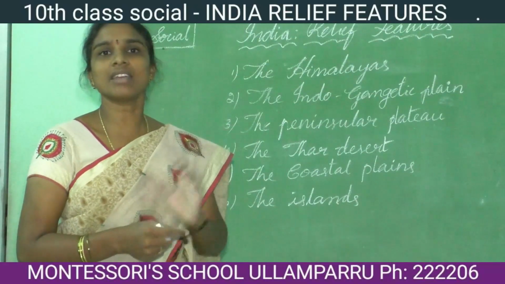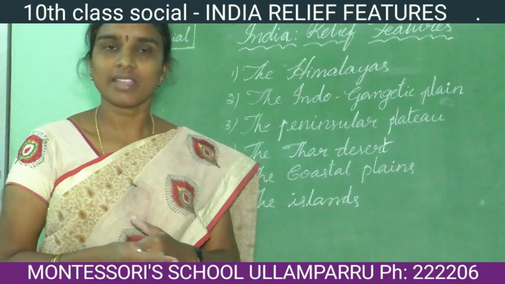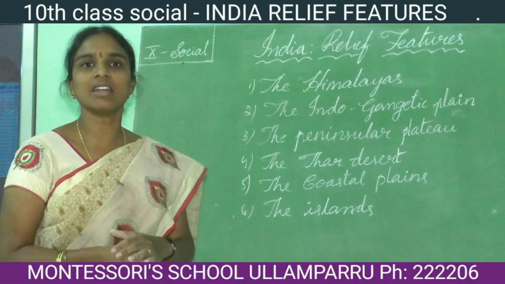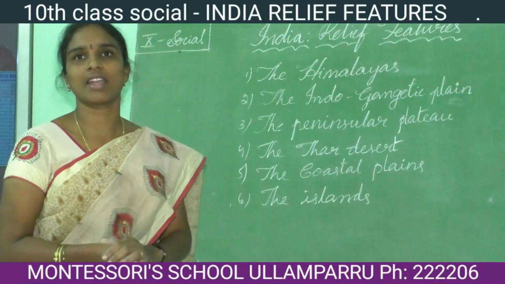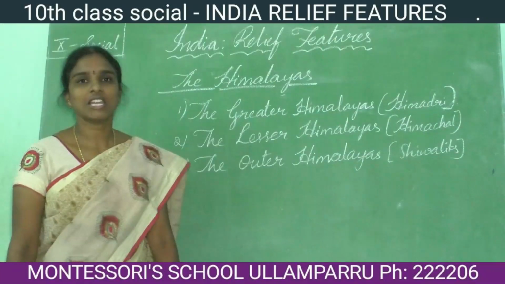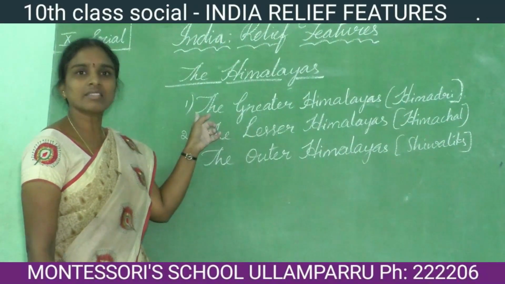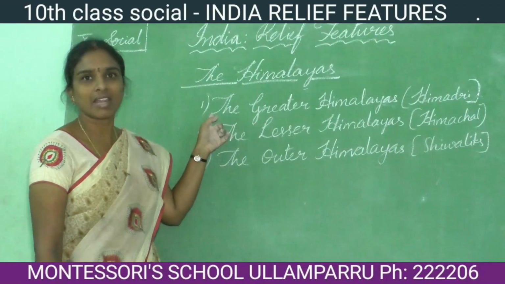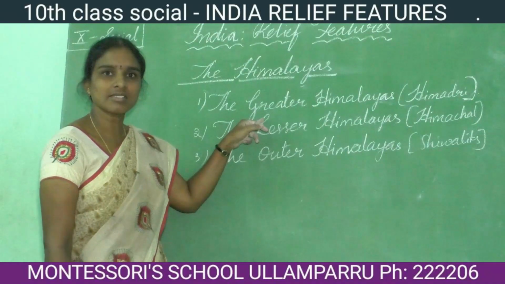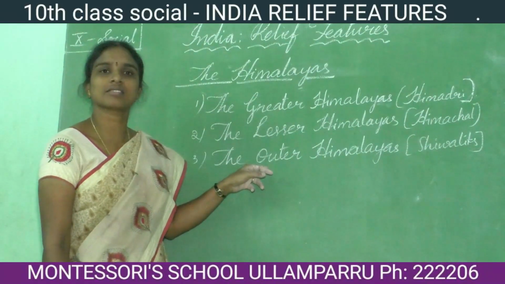This Himalayas comprises 3 ranges. They are the Greater Himalayas, the Lesser Himalayas and the Outer Himalayas. So let me explain these 3 briefly now. There are 3 ranges in the Himalayas.